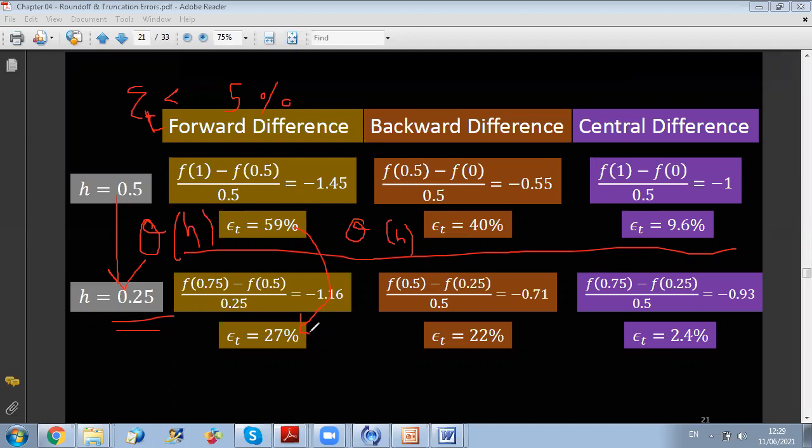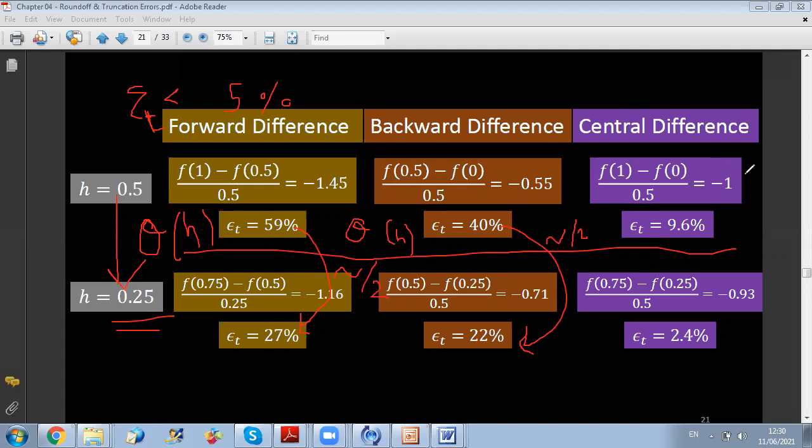But the dominant one is of order h. So when I divide h by 2, I expect the error to be approximately divided by 2. And this is the case, because it was nearly 60%, and now it's close to 30%. While for the backward difference scheme, it was 40 and now it's nearly 20. So approximately the error is over 2, as I expected.